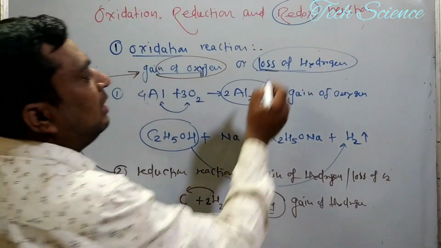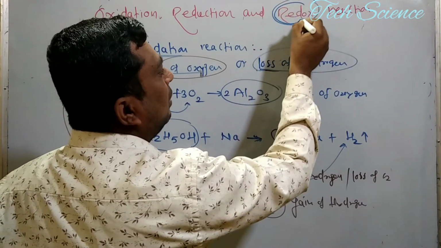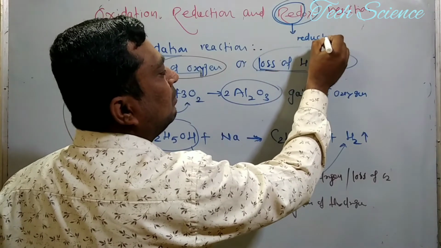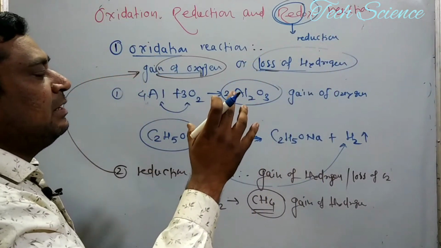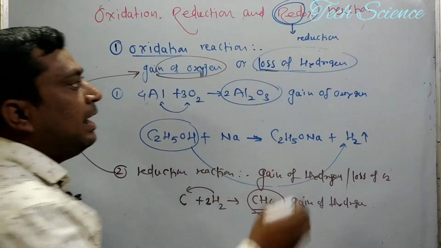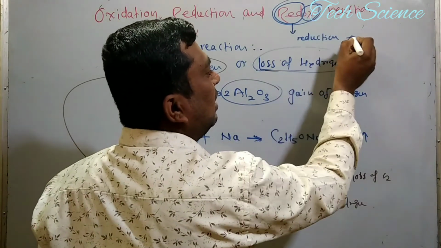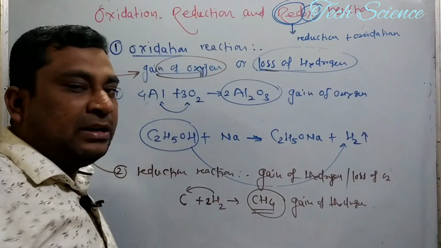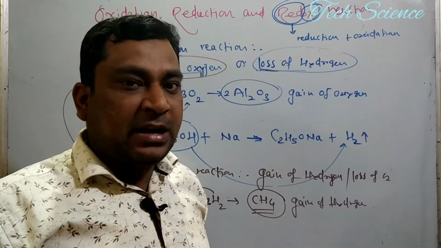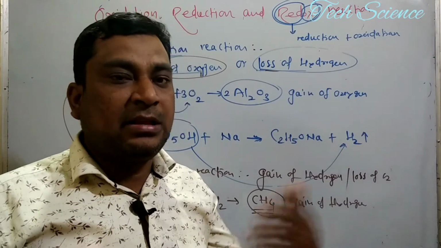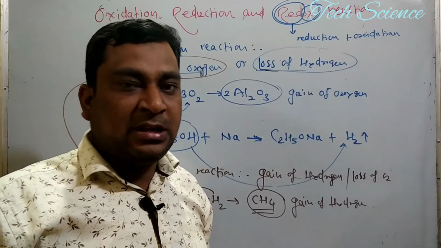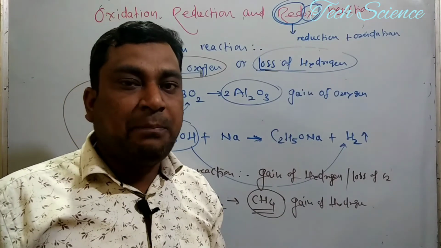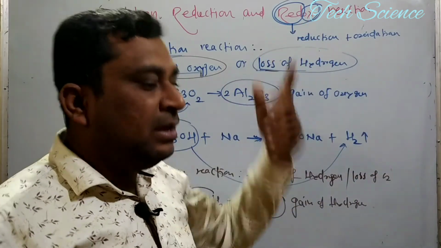In the word redox, we have RED, which stands for reduction, and OX, which stands for oxidation. What does it mean? It means that in certain chemical reactions, one reactant gets oxidized and, in the same manner, another reactant gets reduced. So in a chemical reaction, if the oxidation reaction and reduction reaction happen simultaneously, then it is termed a redox reaction.